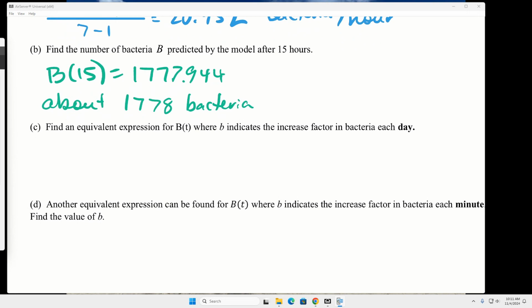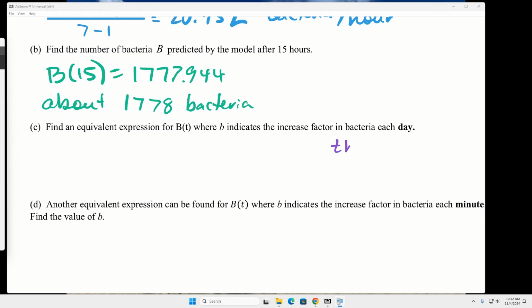Okay. And then C and D are just practicing again, changing the unit of time. And so we want to find an equivalent expression for capital B of T, where lowercase b indicates the increased factor in bacteria each day. And so right now we have hours.